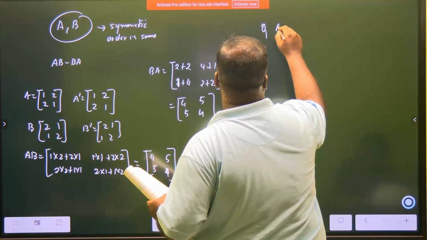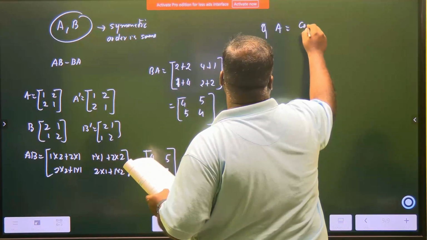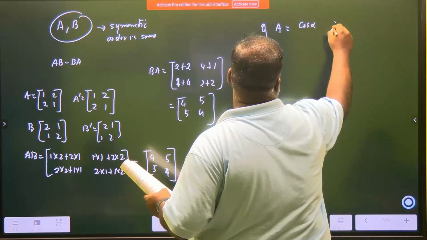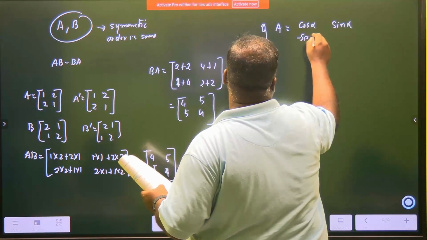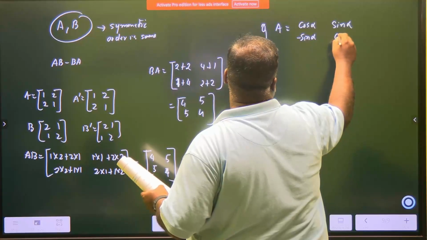A is equal to cos alpha, sin alpha, and negative sin alpha, cos alpha.